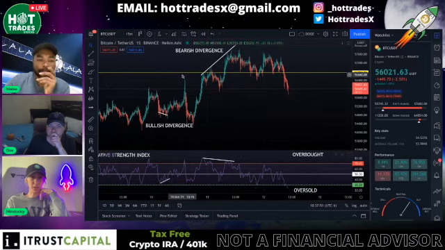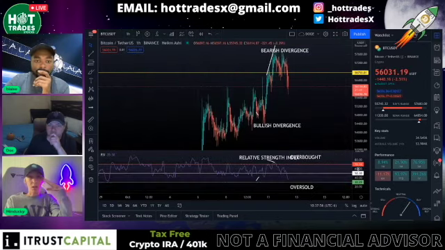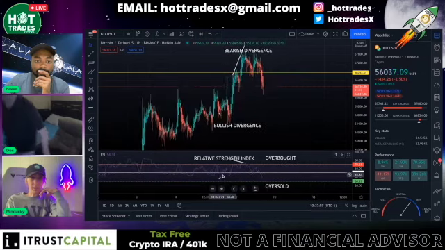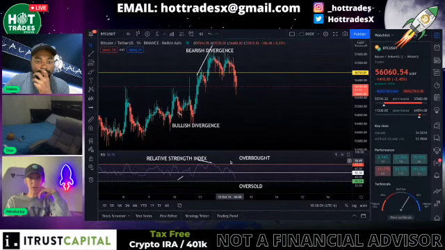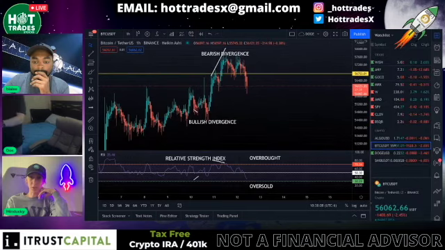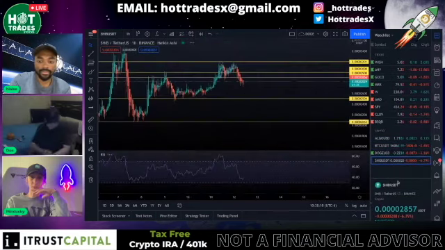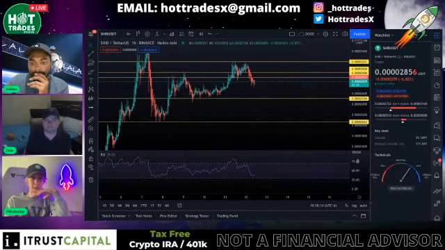What you really want to do is, let me see if I can go to a longer time frame. What you really want to do is wait until it comes back down and cools off here in the middle, the 50 mark on the RSI, and let it gain that momentum. If I were to change to the Shiba chart, you would be able to tell a little bit more on the RSI where it likes to cool down.